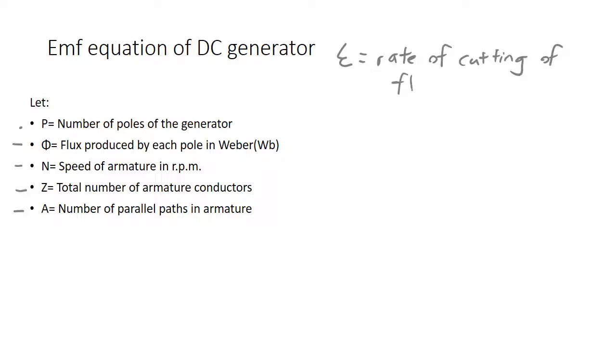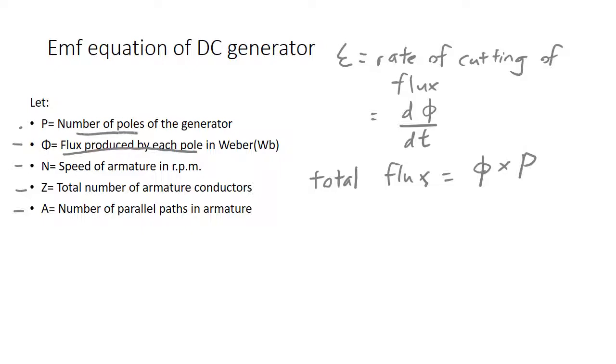Therefore, EMF will be the change in flux over the change in time. Now, in one revolution the conductor will cut the total flux produced by all the poles. That's why the total flux produced by all the poles will be phi, which is the flux produced by each pole in Weber, times P, which is the number of poles. Now, moving on, the speed of the armature is N, but that is in revolutions per minute.